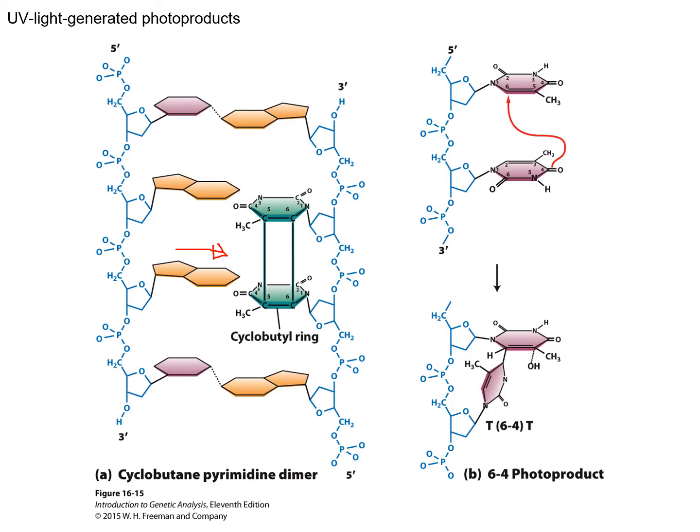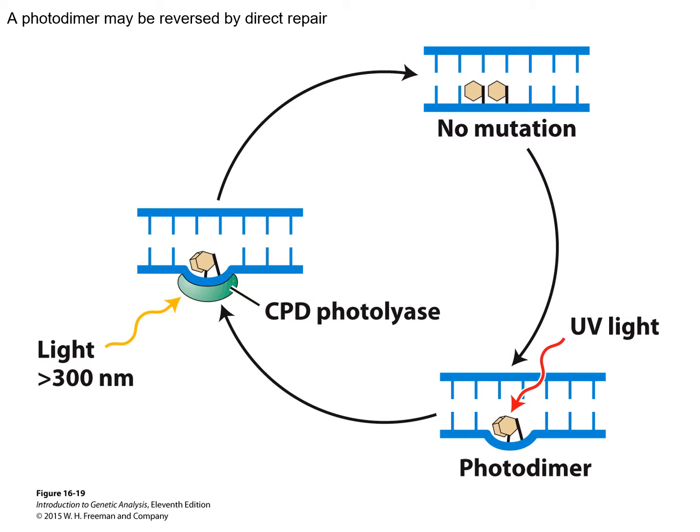So this is kind of a cross-link of two pyrimidines within the DNA chain. And you can also get these photoproducts where one of the bases will form a bond with this double bonded oxygen with the next base up.